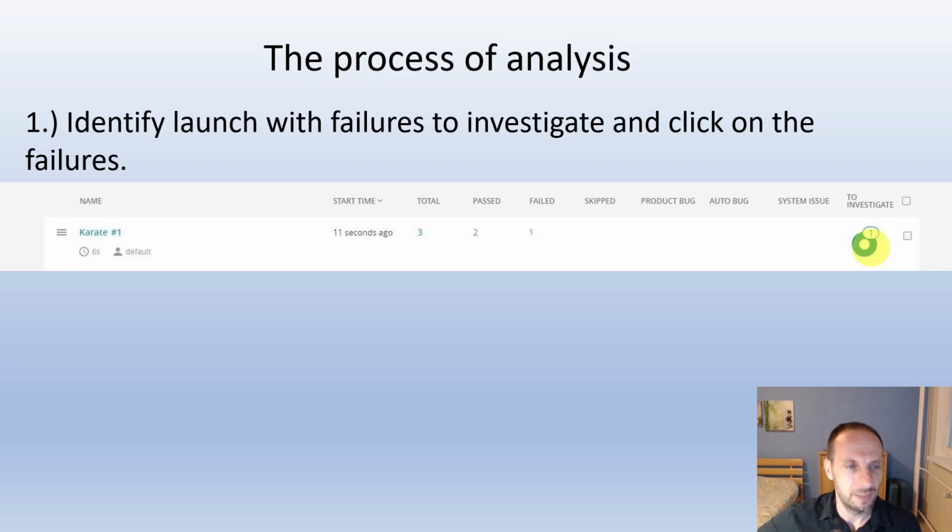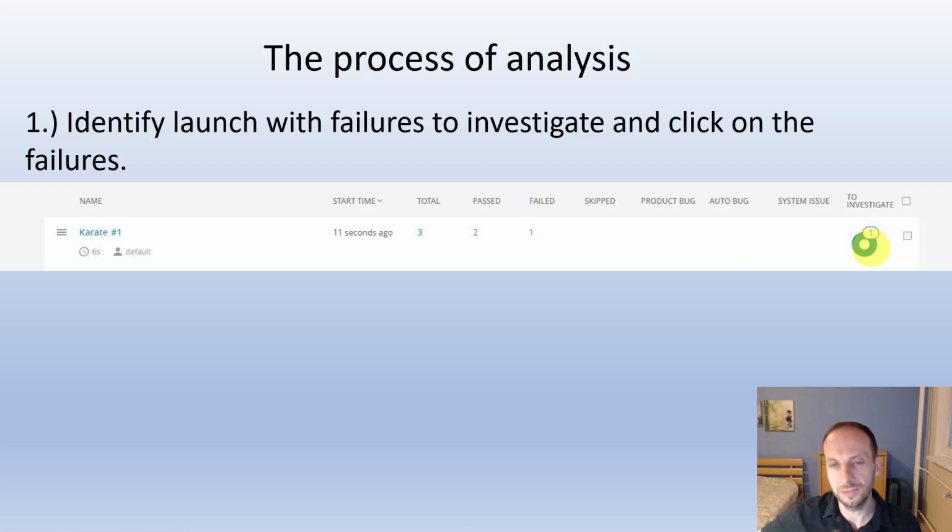This is an example of a Jenkins job which was running API tests using the Karate framework, and you can see that there were 3 scenarios, 2 passed, 1 failed, and it's the first time this scenario failed, or basically Report Portal doesn't have any information about it. So therefore we can see it's in the To Investigate column.